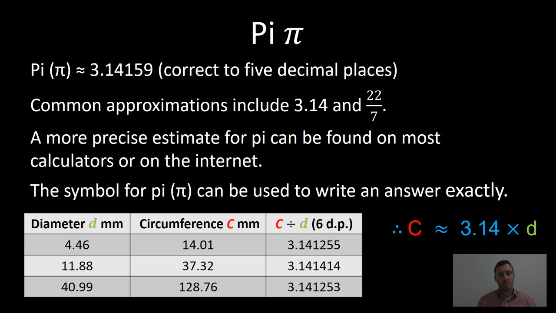This tells us the ratio between the circumference and the diameter is 3.14, or 3.14 times the diameter is equal to the circumference. And that's how we get the formula for the circumference of a circle. We write it: the circumference is equal to pi d.